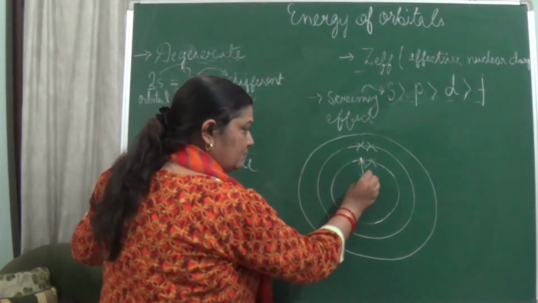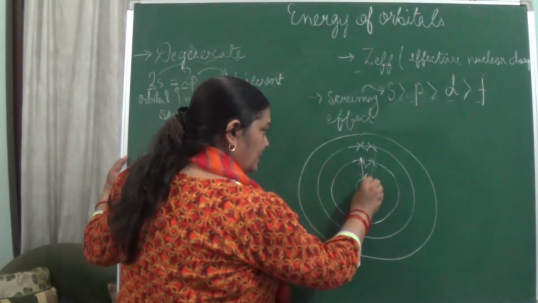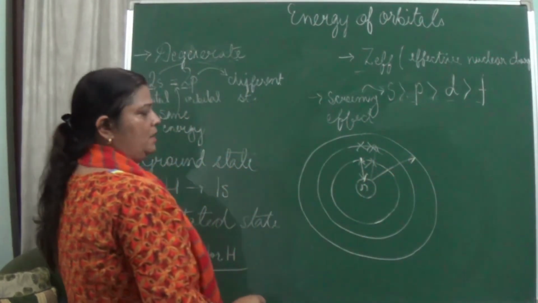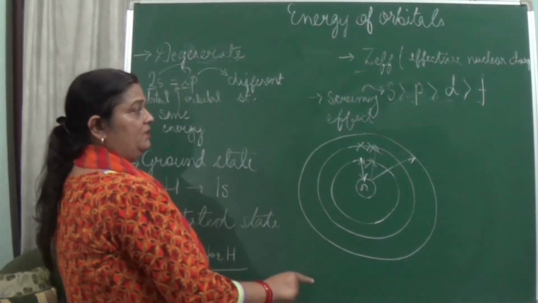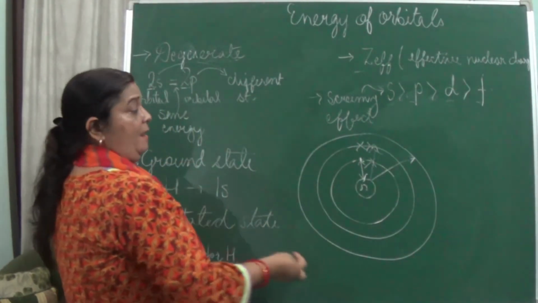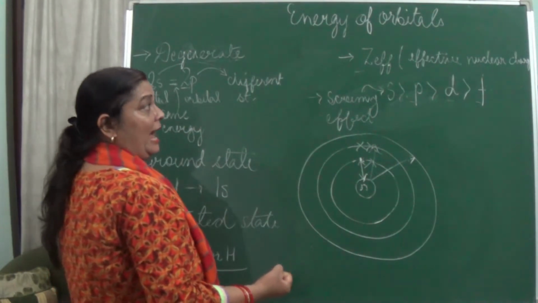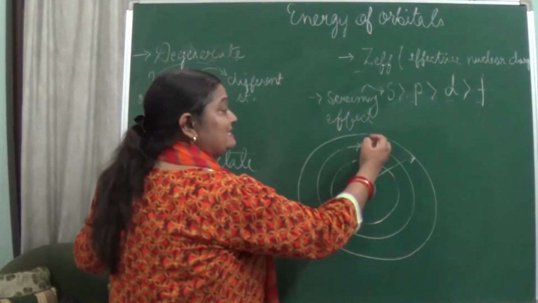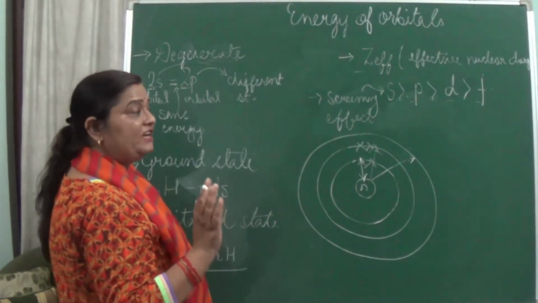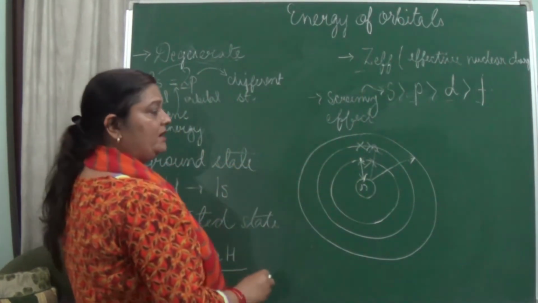The one which is nearer to it, and then it will attract this and then this. So you can see the pull of the nucleus is not the same for these electrons, because here it is pulling with more force and here a bit less, and this is what is known as effective nuclear charge.